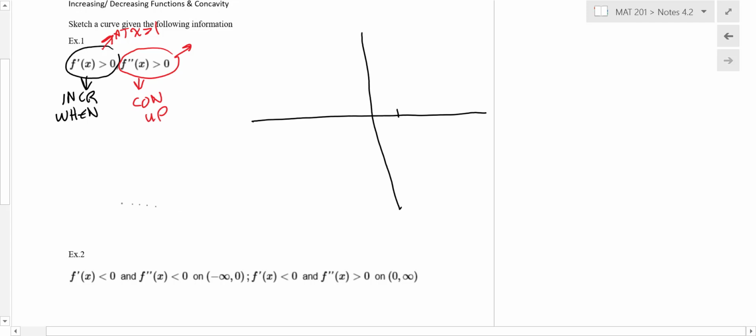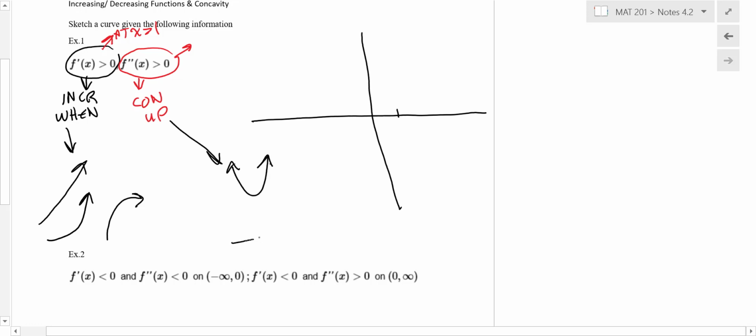Now you can increase in different ways. I mean, it could be a line, it could be more like a curve, it could go more like that. There's a lot of ways that you can show that a graph is increasing. And then when you're concave up, well, there's several ways you could do that. It could be a whole interval like that. It could be like half of a smiley face like that.